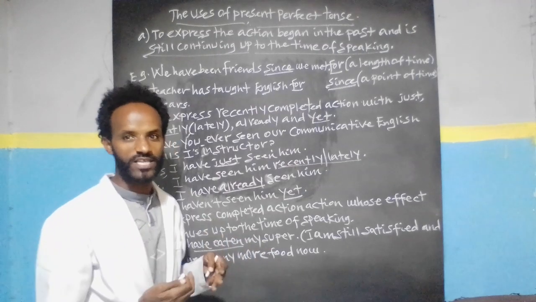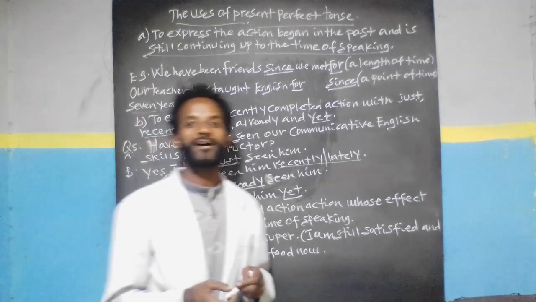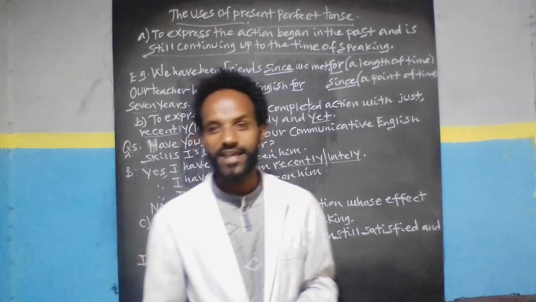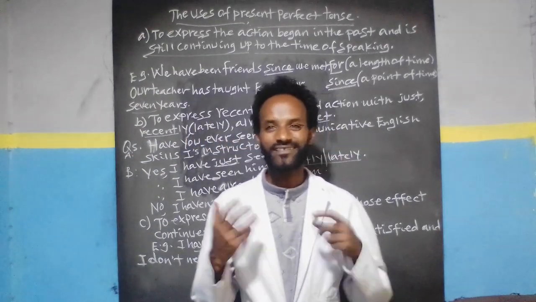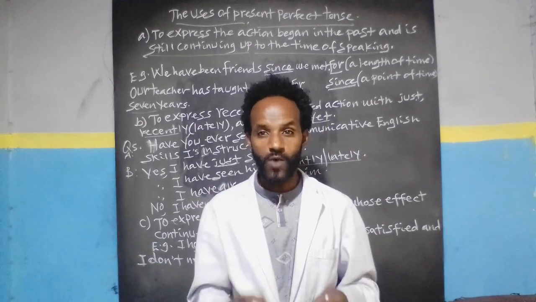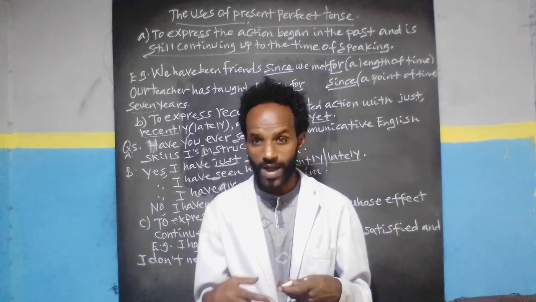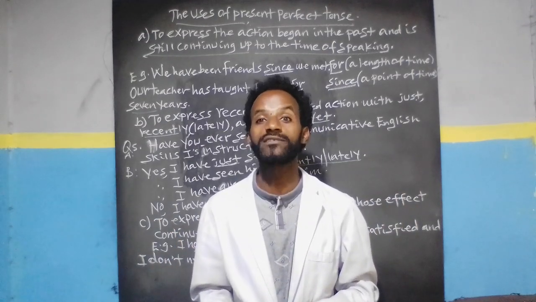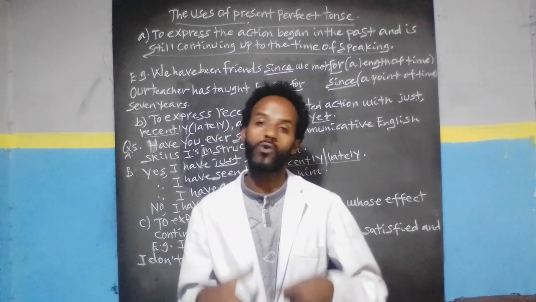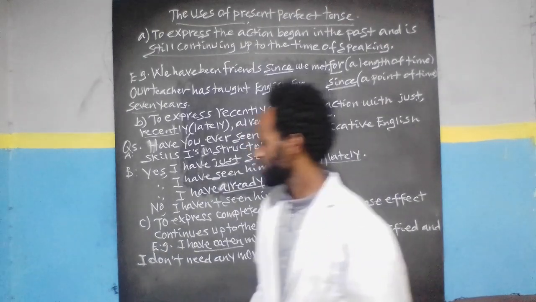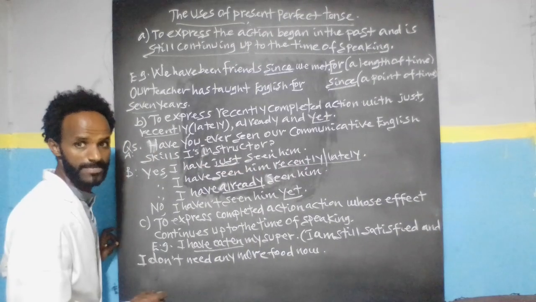As I told you in the last class, the present perfect tense doesn't have a definite time expression. That's why, because it has a strong connection with the present action, activities, incidents or occurrences. That's the reason.